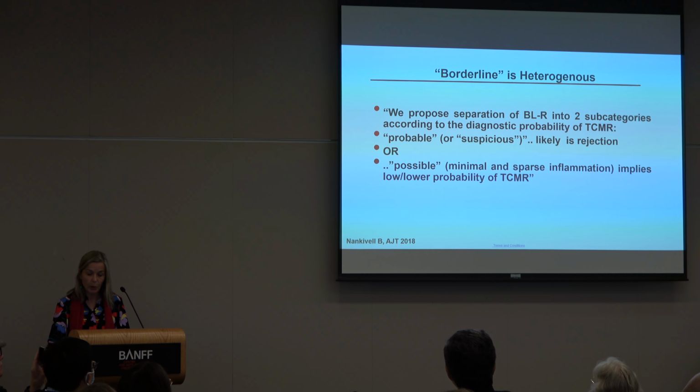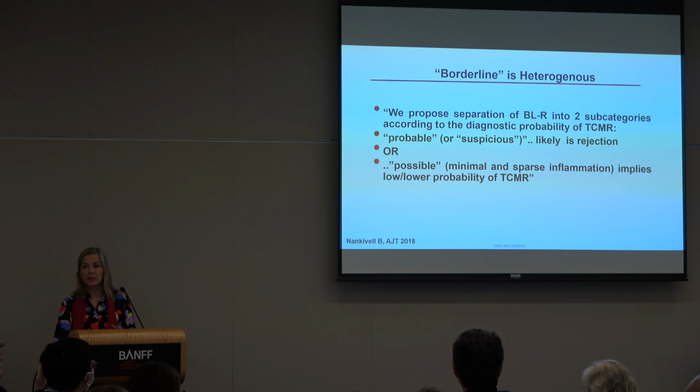So I will again quote Brian, because he's done wonderful work on this heterogeneous category of borderline. He says, we propose separation of borderline rejection into two subcategories according to the diagnostic probability of T-cell mediated rejection. Probable or suspicious, meaning it likely is a rejection, or possible with minimal or sparse inflammation, but meeting borderline criteria implies lower probability of T-cell mediated rejection.